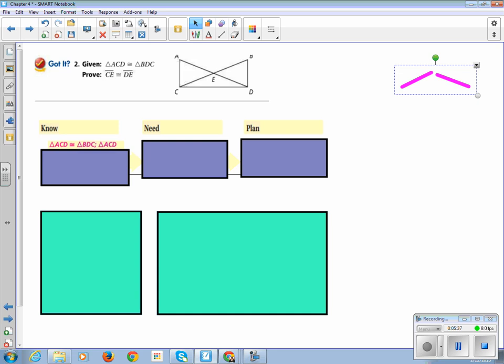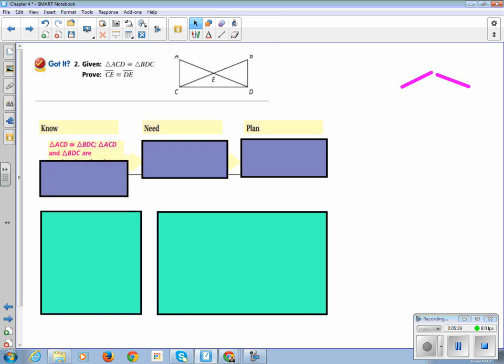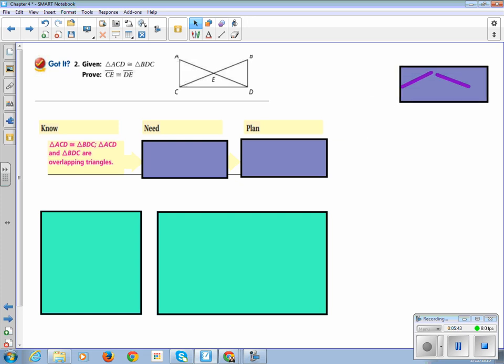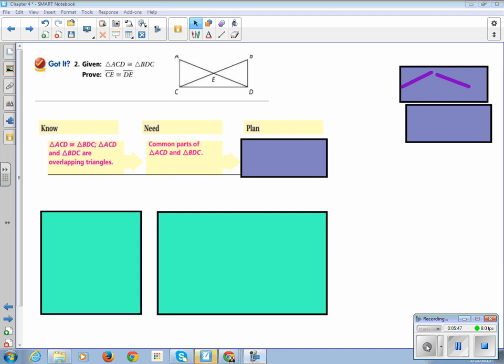We know that triangle ACD and triangle BDC are overlapping triangles. So what we need to know is, what are the common parts of triangle ACD and BDC?